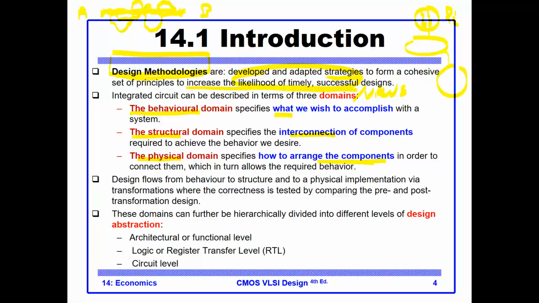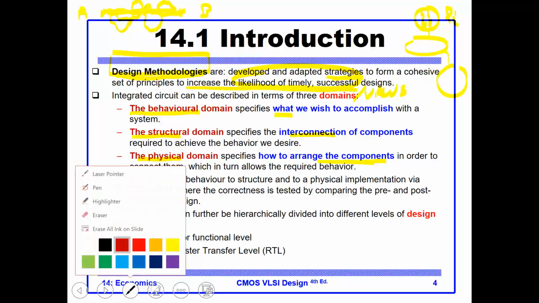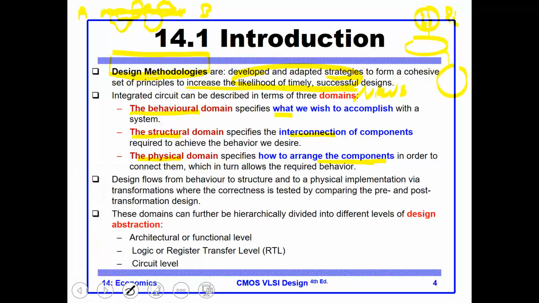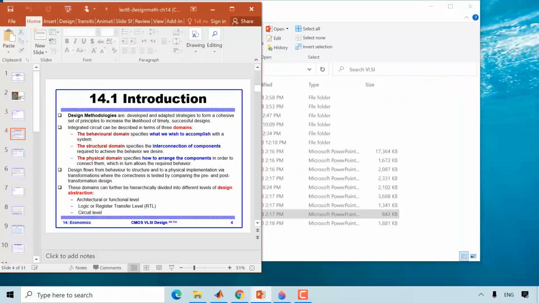Now, obviously, if I may describe these views with an analogy, let me go to the whiteboard here.